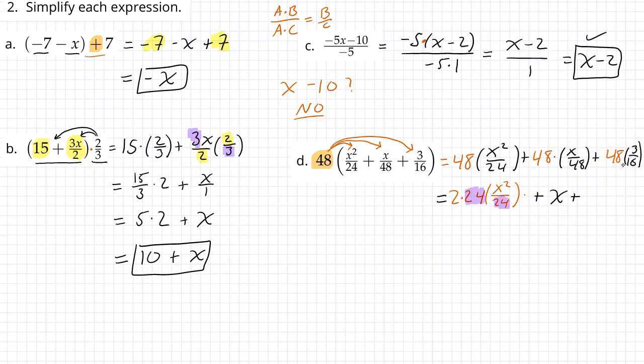And 48 is 16 times 3. So let's write it that way: 16 times 3 times 3/16. And here you can see the 16ths will cancel out, because you have it in the top and the bottom of that. So the whole thing should become 2x squared plus x plus, here, you're left with 3 times 3, which is 9. And that's all you can do with that.